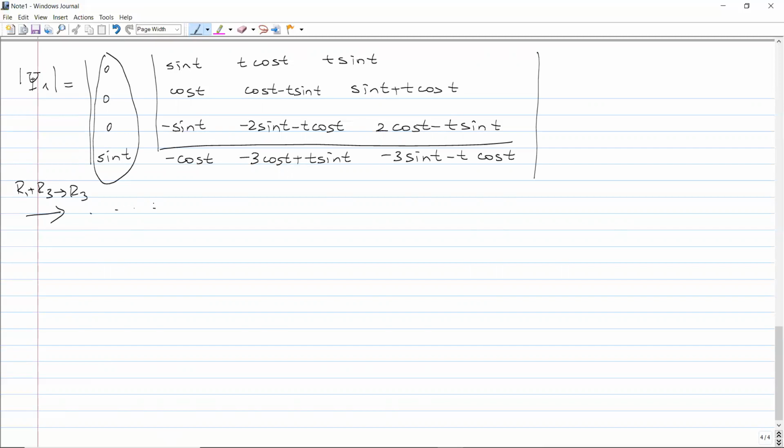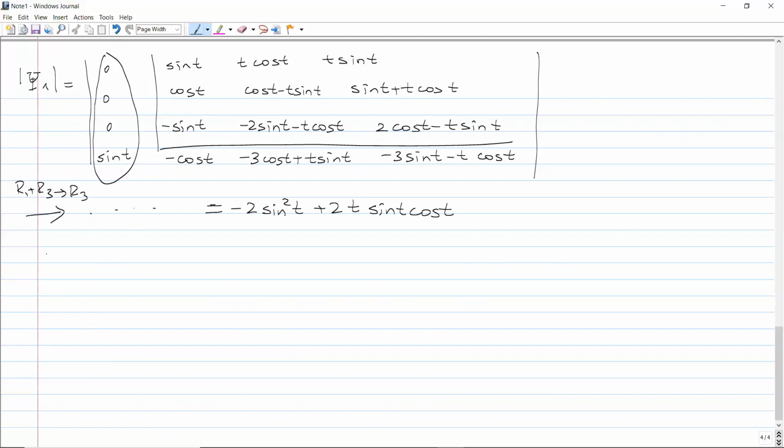I'm skipping the details, just give you the answer. This is going to be equal to minus 2 sine squared t plus 2t sine t cosine t. This determinant is going to be like this.